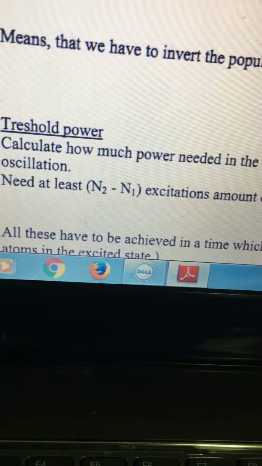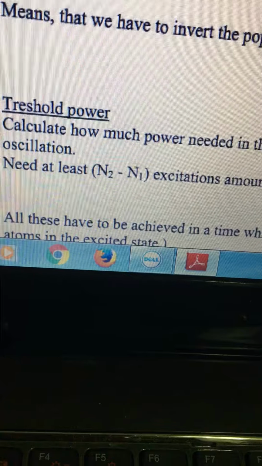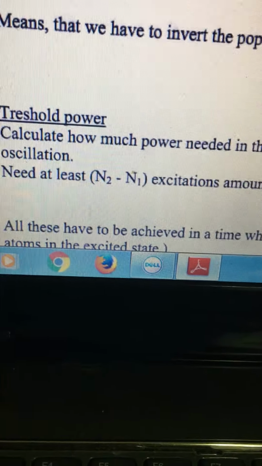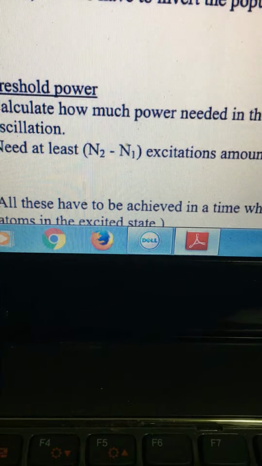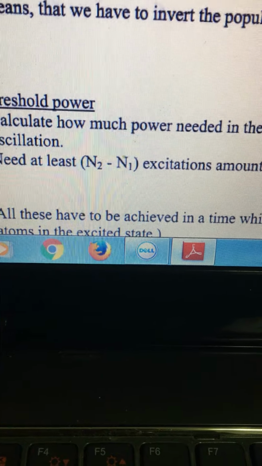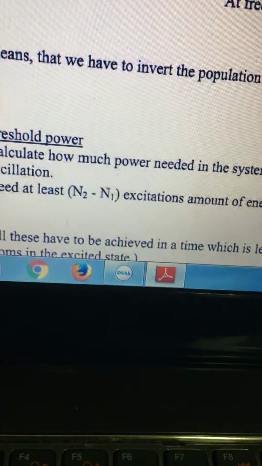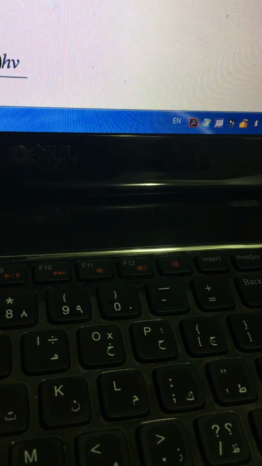As well, here we must define the threshold power, find its meaning, and calculate how much power is needed in the system to achieve the threshold condition for oscillation. We need at least an n2 minus n1 excitation amount of energy, which is equal to n2 minus n1 multiplied by h nu.